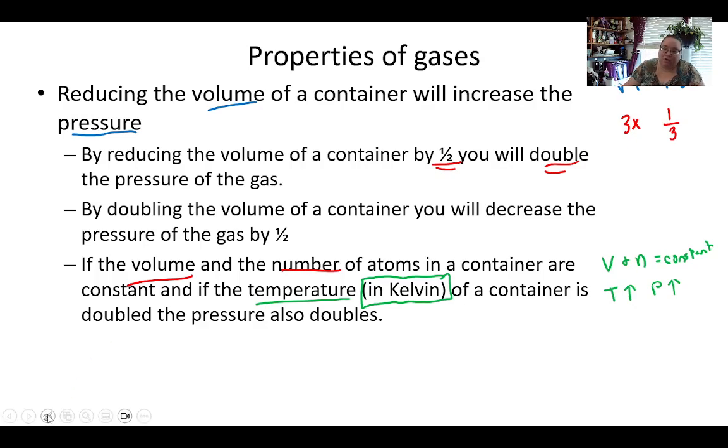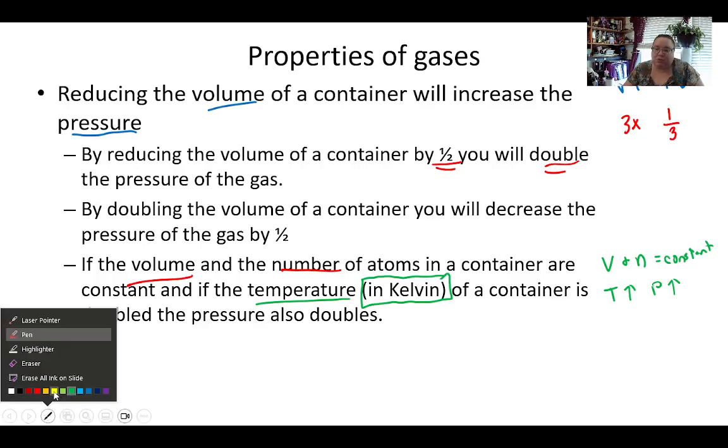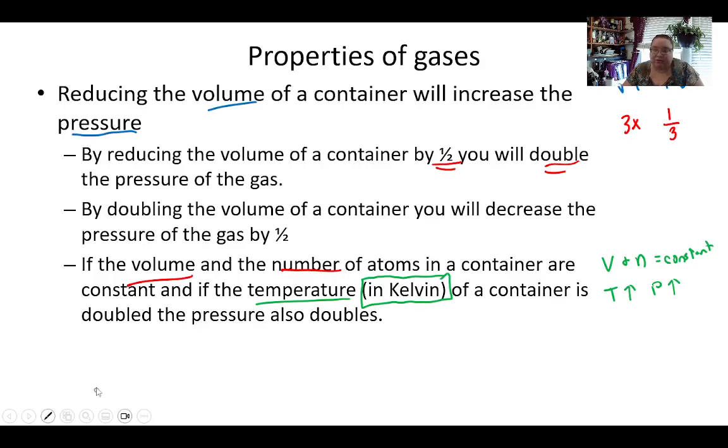If you've ever gone from a cold environment to a warm environment on a long road trip, you've seen this. Your tires get hotter, and the pressure increases. The opposite is true. If the temperature decreases considerably, the pressure will decrease.